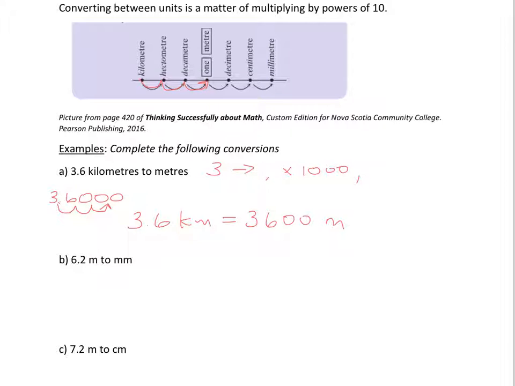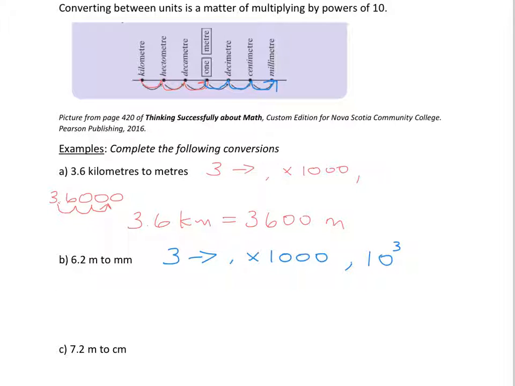Okay, so 6.2 meters to millimeters. Again, meters to millimeters is going to the right on our chart. I'm going from 1 meter to millimeters, which are very small things, so I'm going to have more of them. That's another way to think about it. I'm going 3 steps to the right, which means I'm multiplying by 1,000, and you can see that that's 10 to the power of 3.